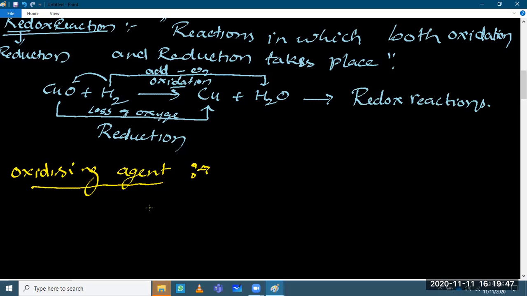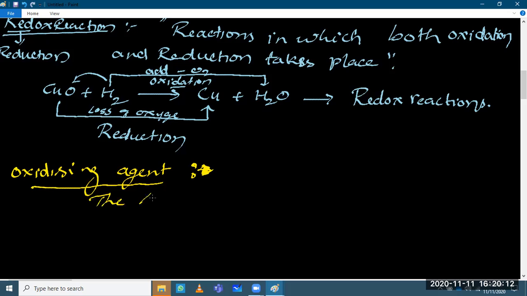The substance which either gives oxygen or removes hydrogen, such kind of substances are called oxidizing agents.